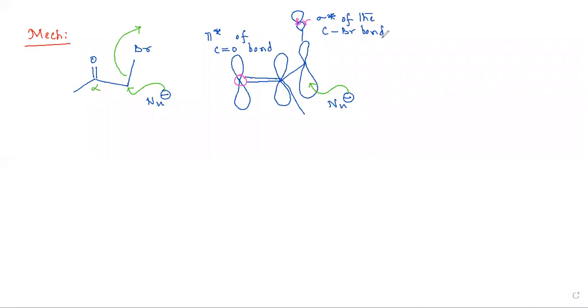So this kind of a conjugation can be seen between, see, this is the pi star of the C double bond O, and this is the sigma star of the carbon bromine bond. Okay. Now these are in better conjugation. That can of course be shown this way.